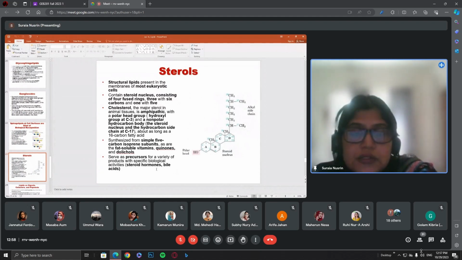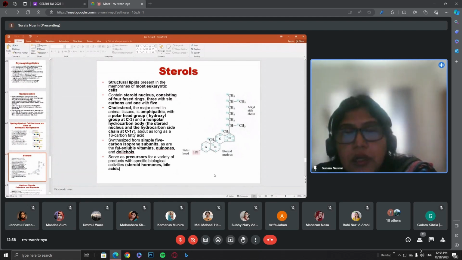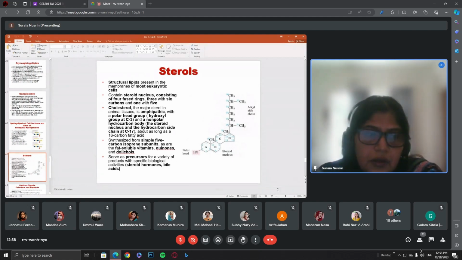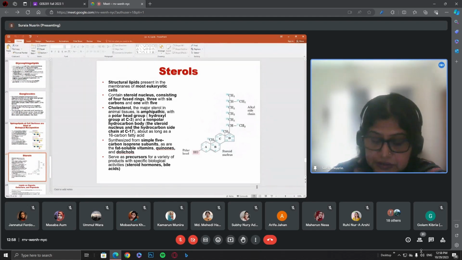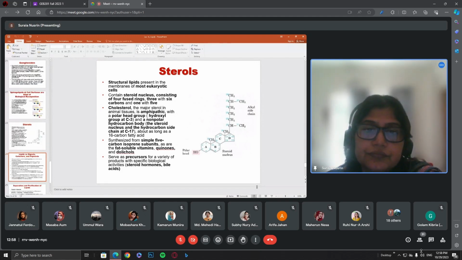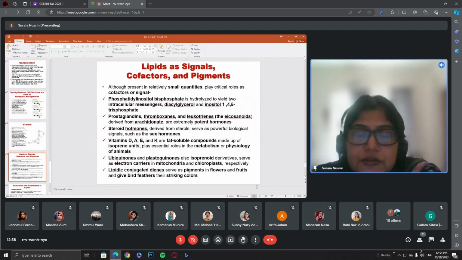So steroid hormones, they have important role in our physiology and reproduction, whereas bile acids play important role in our fat digestion. Okay, so these are the sterols, but they are also membrane lipids.